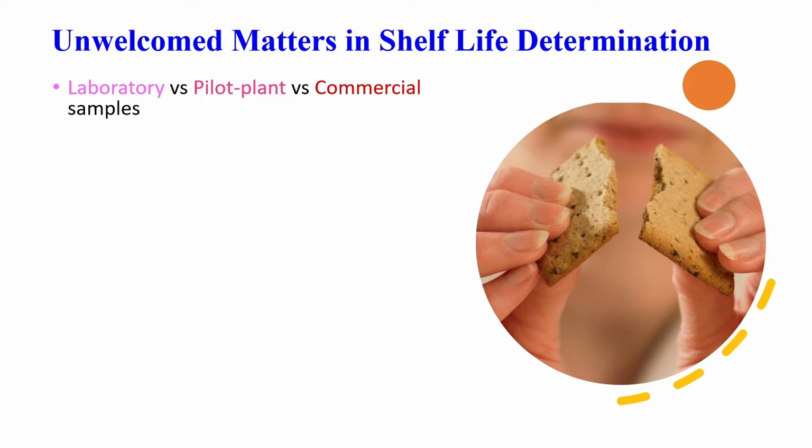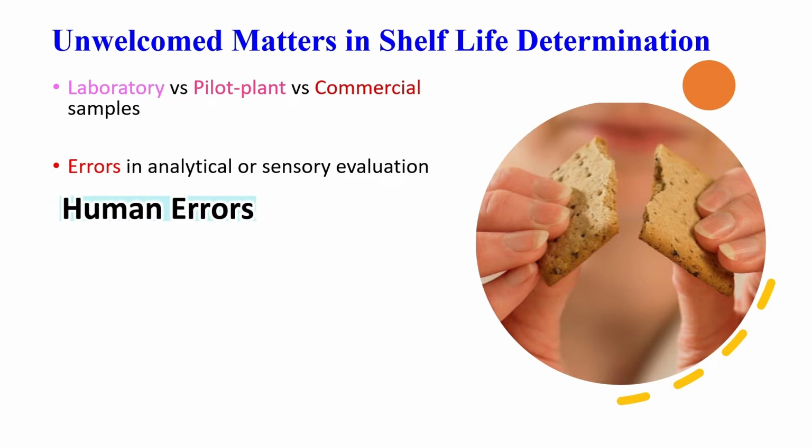The main difference is the homogeneity of the ingredients in the products. The second one is the errors in the analytical or sensory evaluations. It can be due to human errors or apparatus errors.